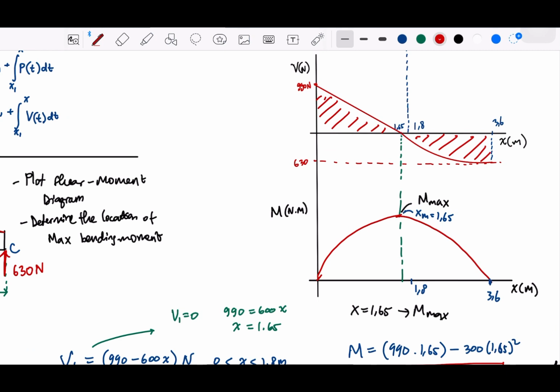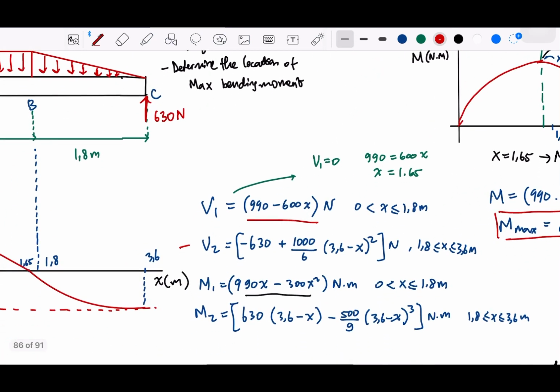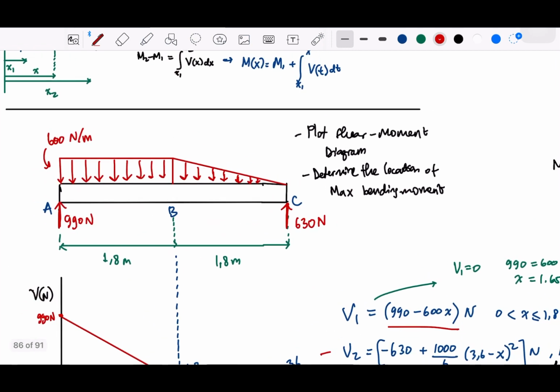And actually, to estimate the diagram, before you set up this formula, you can figure it out through this distribution.